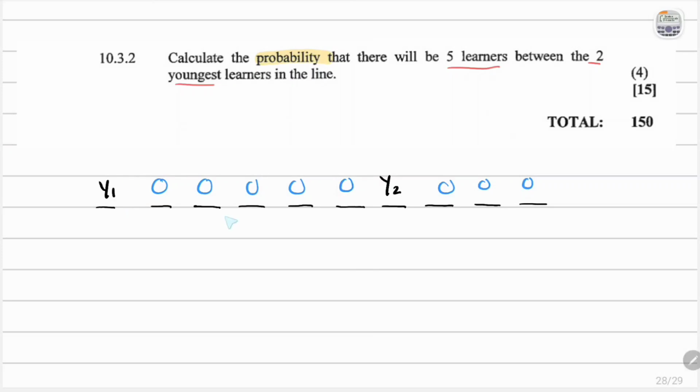They didn't name 5 specific learners and say that these specific 5 learners need to be in between the first youngest and second youngest learner, or the 2 youngest learners. So we need to also consider that they could be anyone. It could also be a learner that is currently here that could be seated here, as long as there are 5 learners in between them.